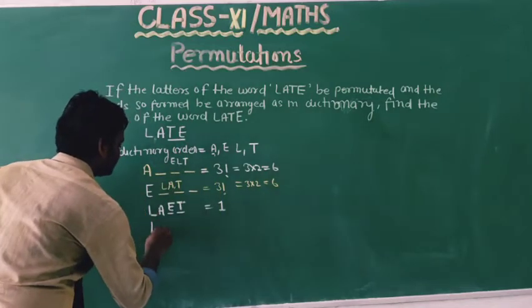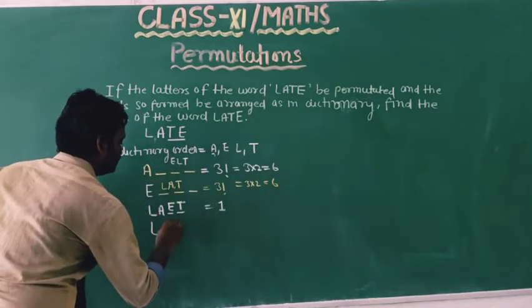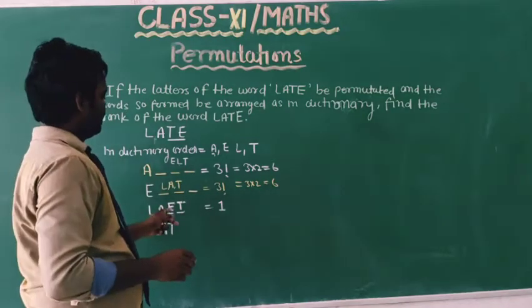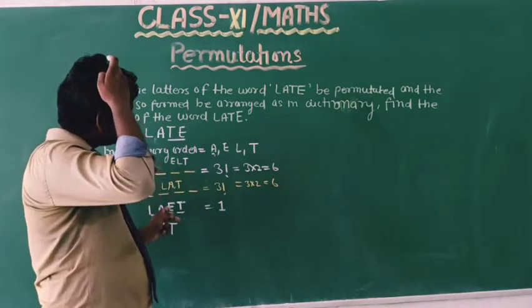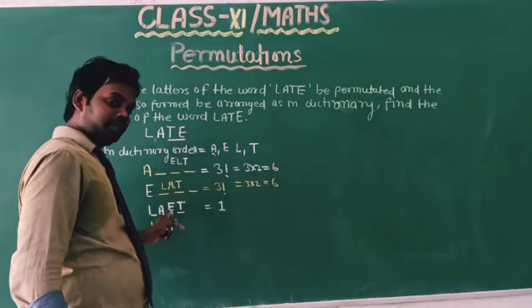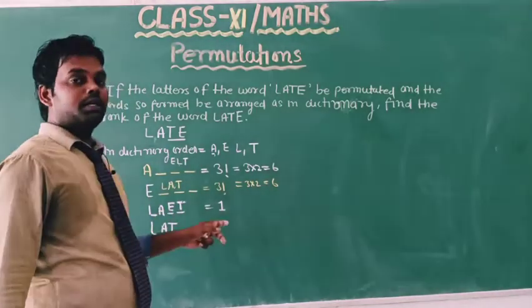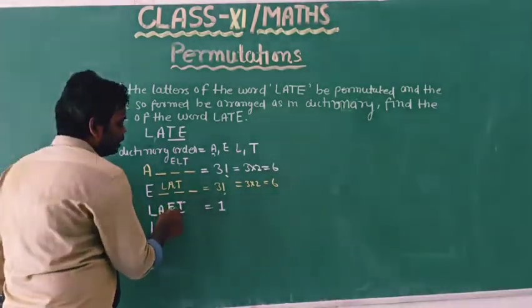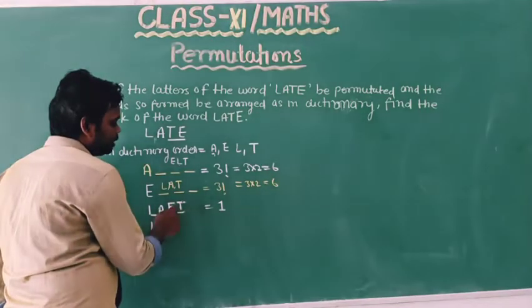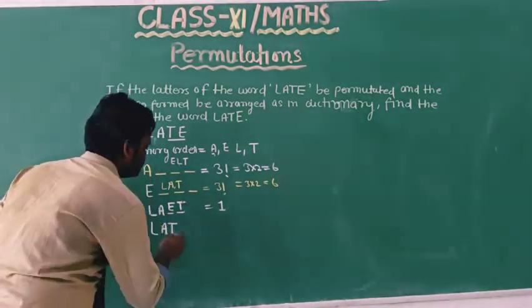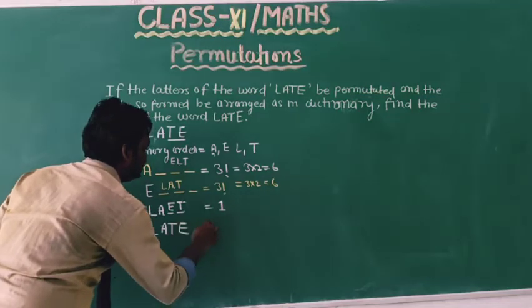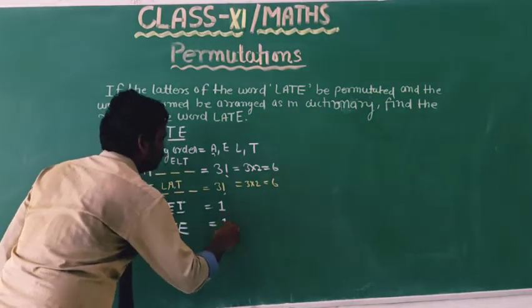And next, after E, the next word is T and E. E and T may be arranged as ET or TE. So this is TE, this is one way.